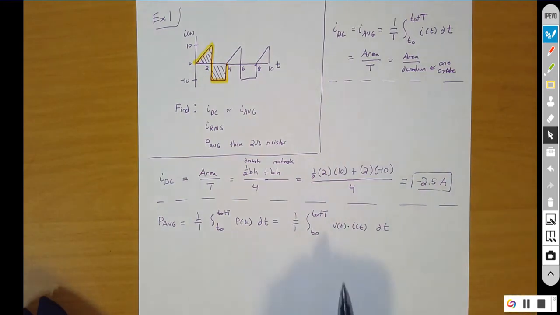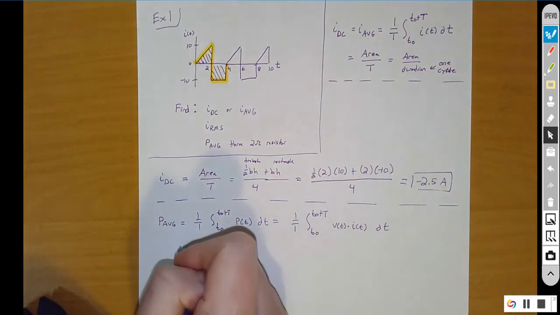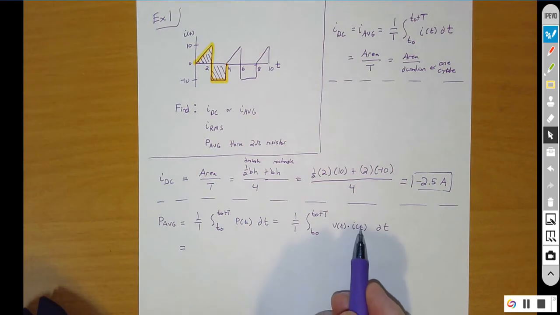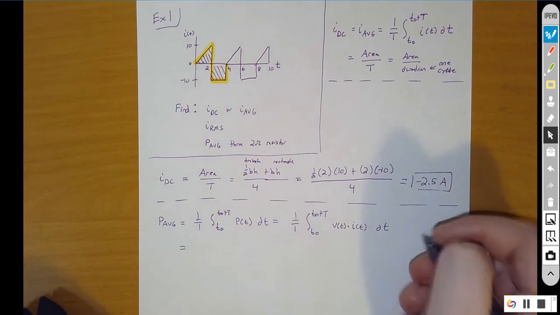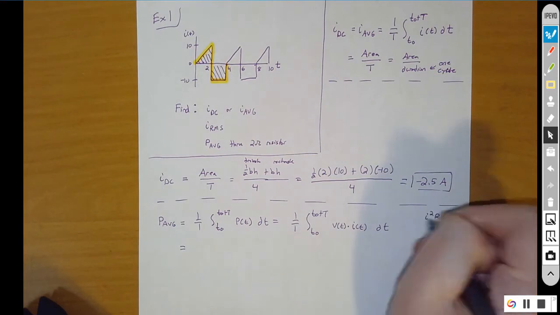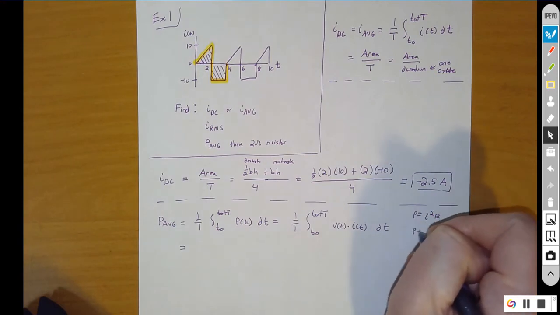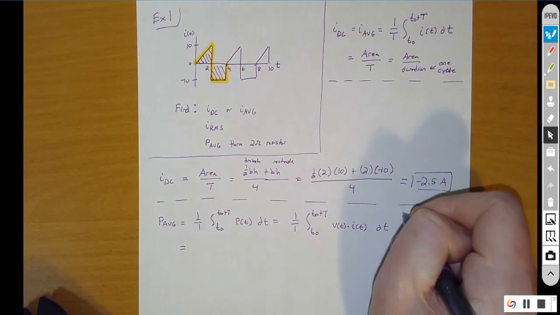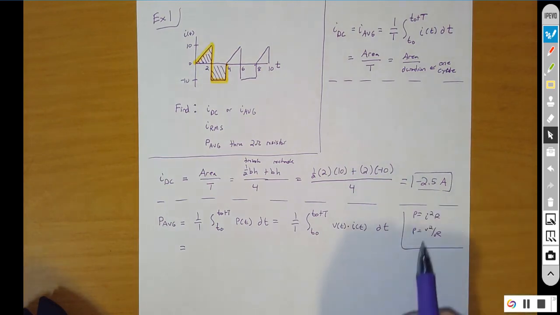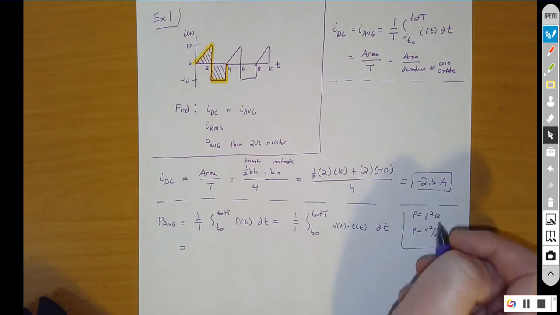Now, if this goes through a resistor, we can rewrite this. So in our case, let's use I squared R because we have a current. But remember we have I squared R and V squared over R for our constant current and our constant voltage, the stuff that you did previously. So let's sub one of those in.